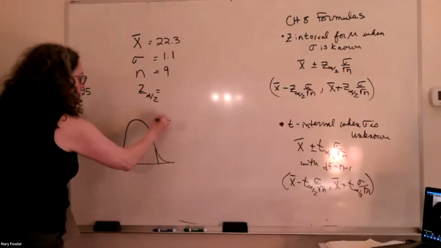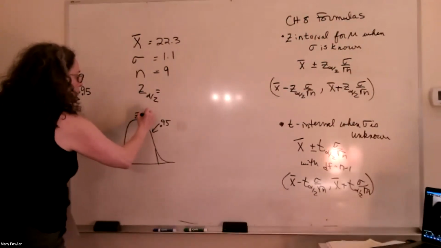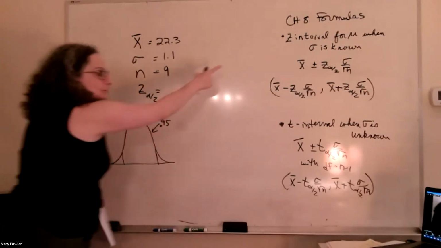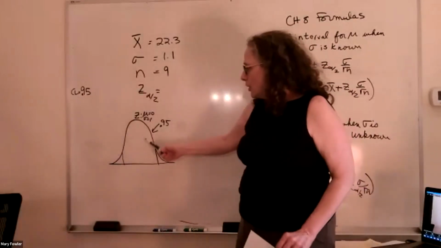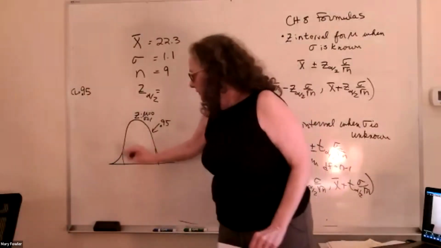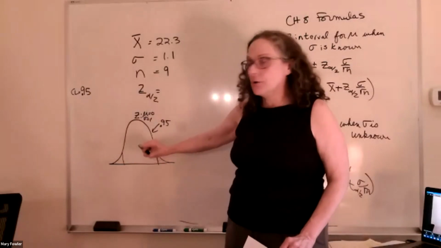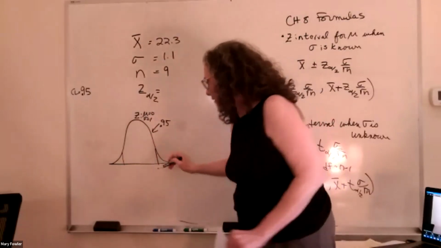If that's the standard normal, and we know we're going to use standard normal because we're doing a Z interval procedure, we have the standard normal curve, and we want to know what this value is here.